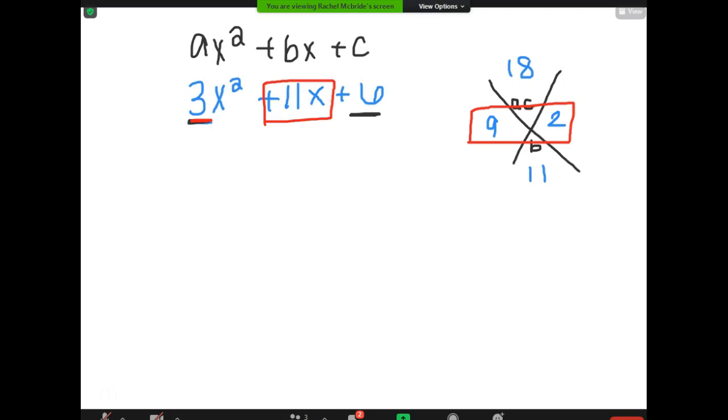And again, this whole technique is reverse FOIL. So when you hear me reference it, I will reference reverse FOIL. So what we're going to do is take that middle term, so you have 3x squared. You're going to replace the 11x with 9x and 2x.